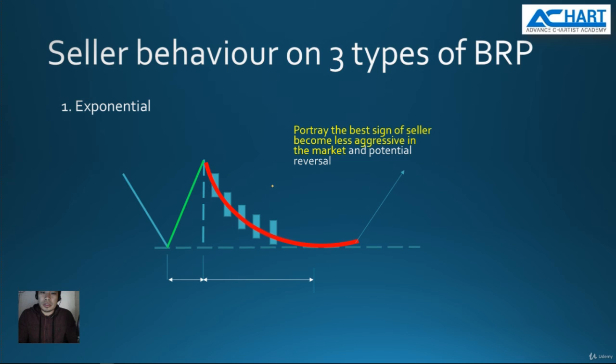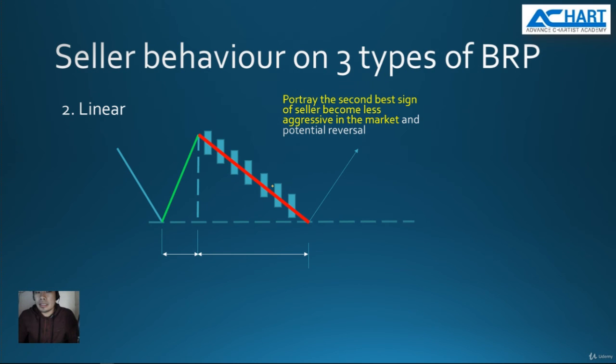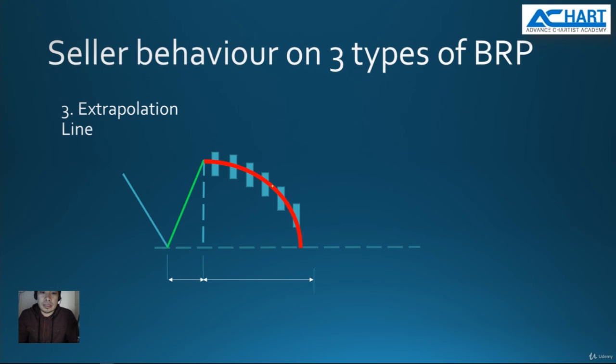And this has been proven a lot in the pattern. You can see the second type is the seller, and this portrays the second best sign of the seller becoming less aggressive. You have to remember that the best sign is the parabolic pattern, and this is the least favored sign of potential reversal.